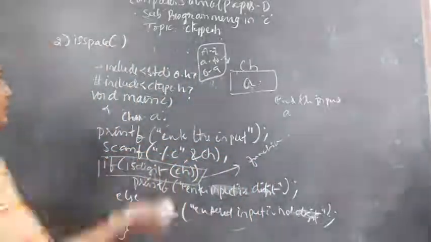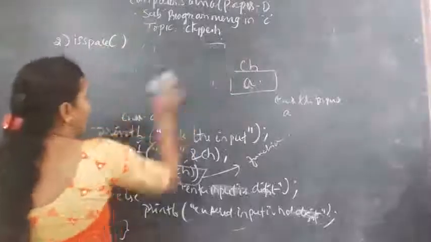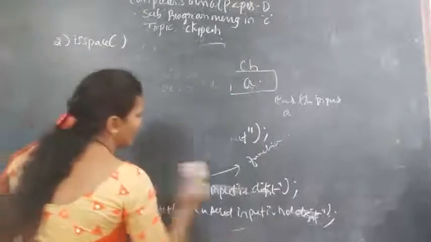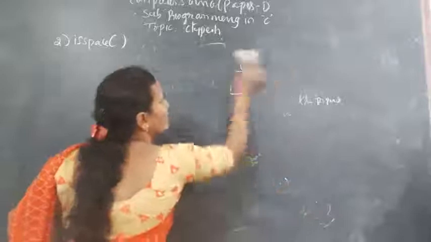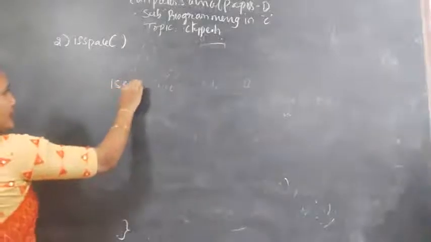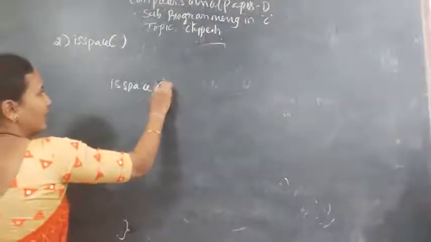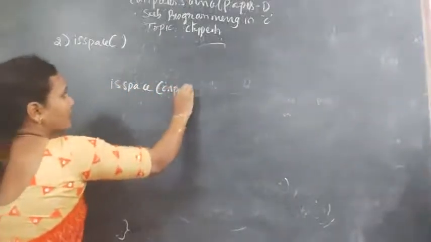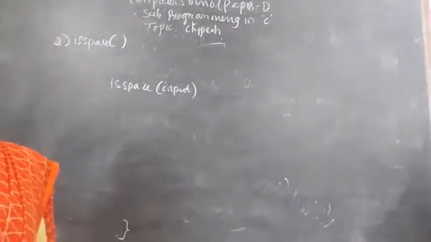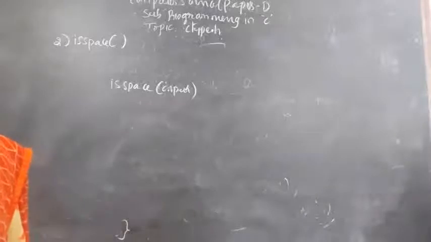For all the functions, you have to write the syntax. The syntax is the same, it will be written like this: isspace of whatever value you have given as input. So the syntax is the same for all the functions. You just have to change the function name.